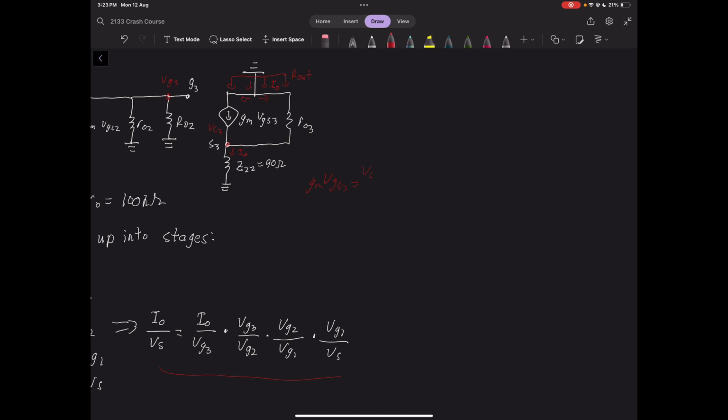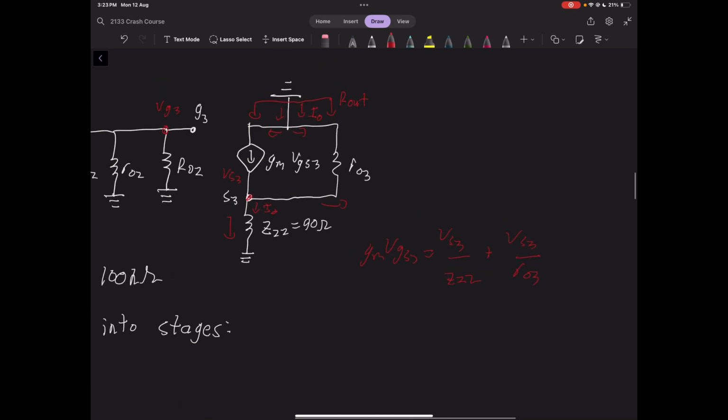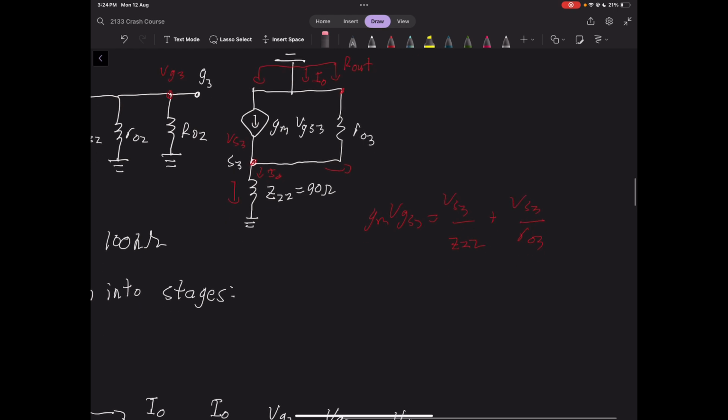This current here is VS3 over Z22, and this current out here is VS3 over RO3. Because remember, this node here is ground, technically. I out is coming from ground, which is a little bit weird to think about, but that is how the circuit is shaped up. So this is just using KCL at this node here.